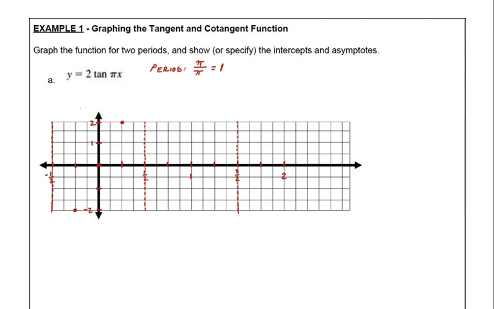Now, it's not specifically the amplitude, but it will stretch my graph to a y value of 2 at that first tick mark rather than a y value of 1 like in the warm-up we did before. And the same thing will happen at -1/4.